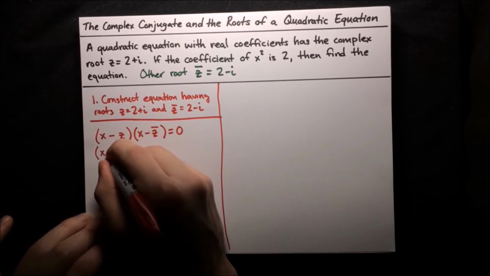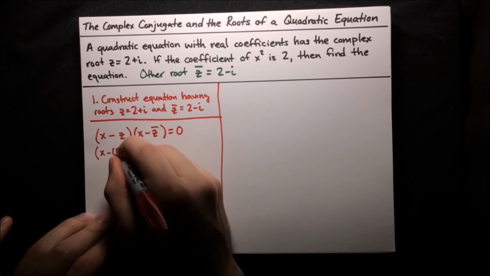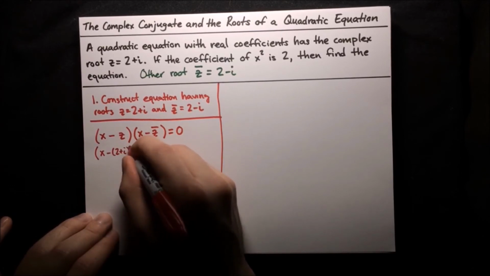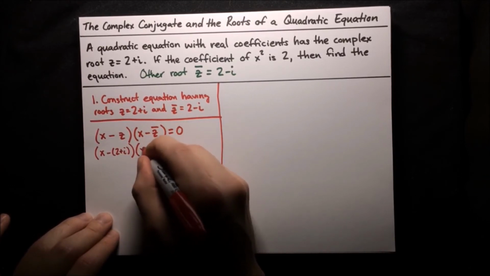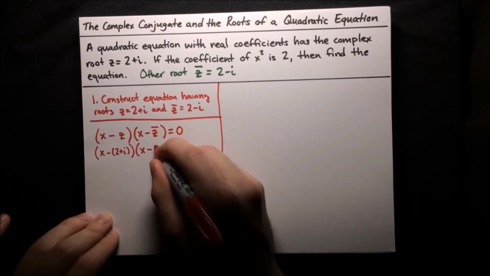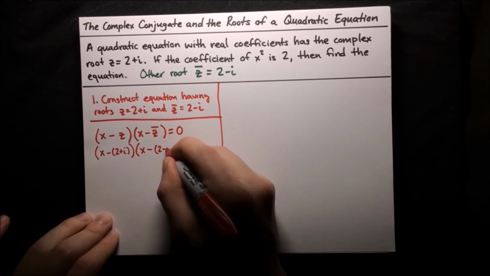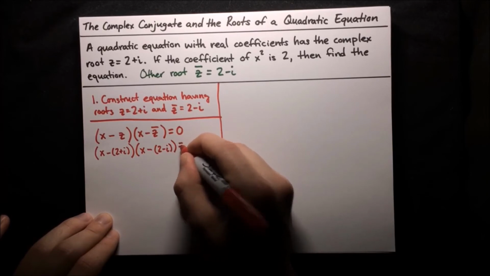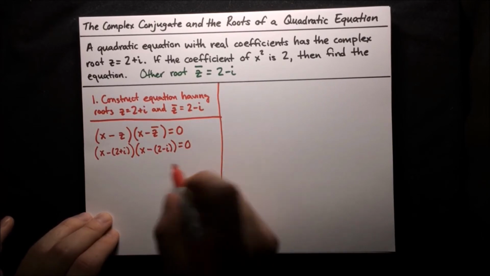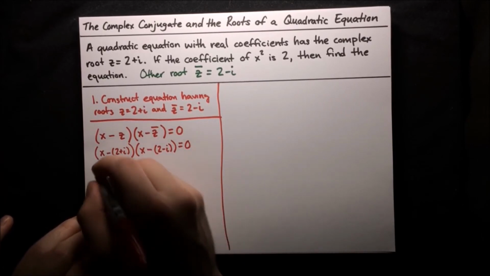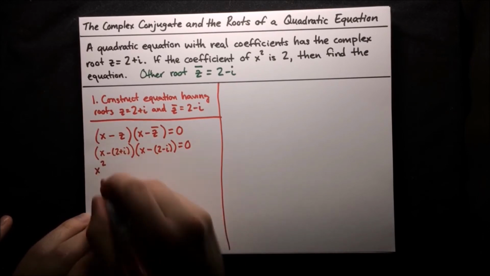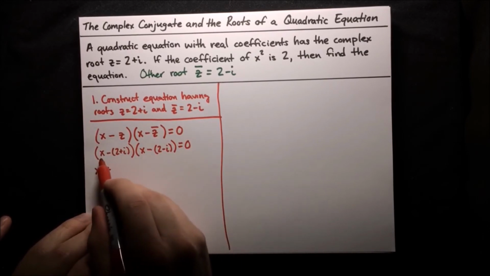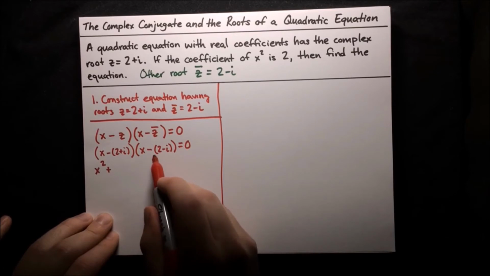So x minus z is 2 plus i, times x minus z bar, which is 2 minus i, is equal to 0. Okay, so let's multiply this out. So we get an x squared, then plus an x times the negative of 2 minus i.